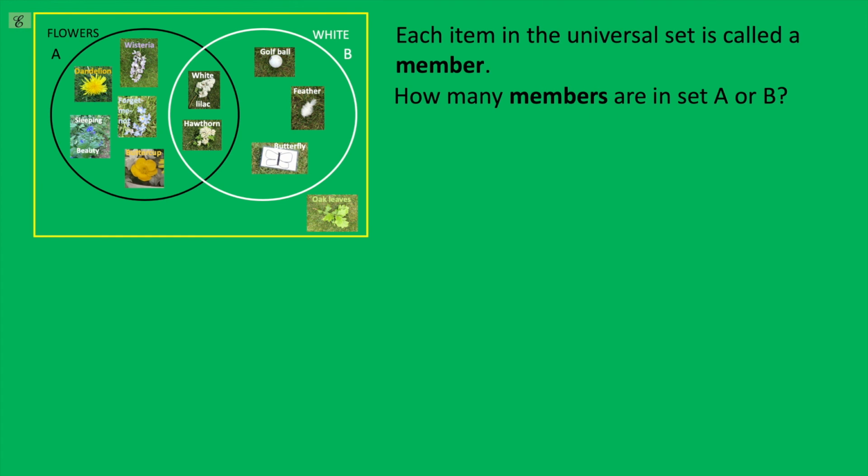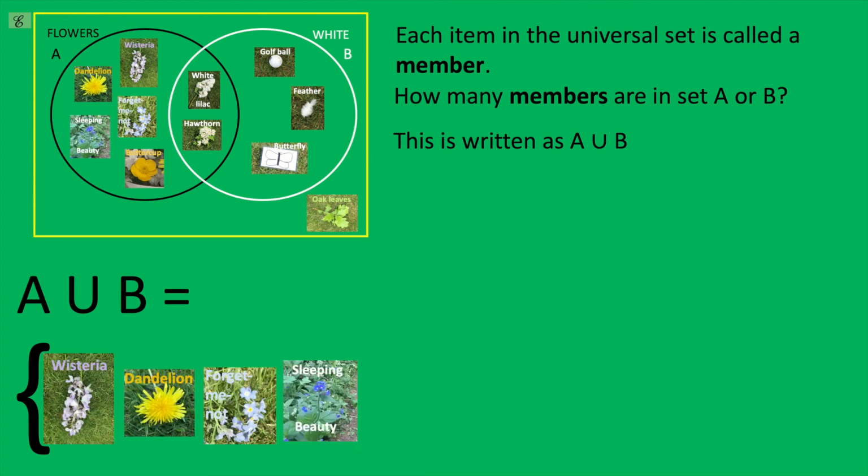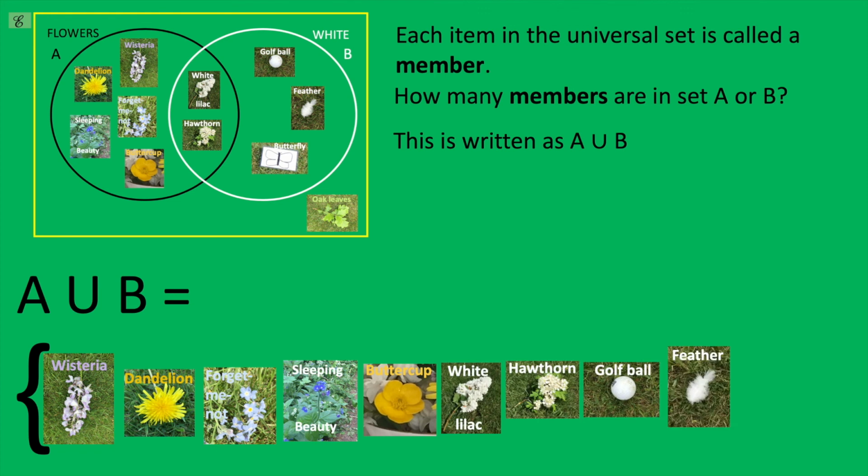How many members are in set A or B? Notice the symbol used here looks like a U, so I think of that as A with the union with B. So that's A and B united, so that's all of the items in A and B. Being 10.